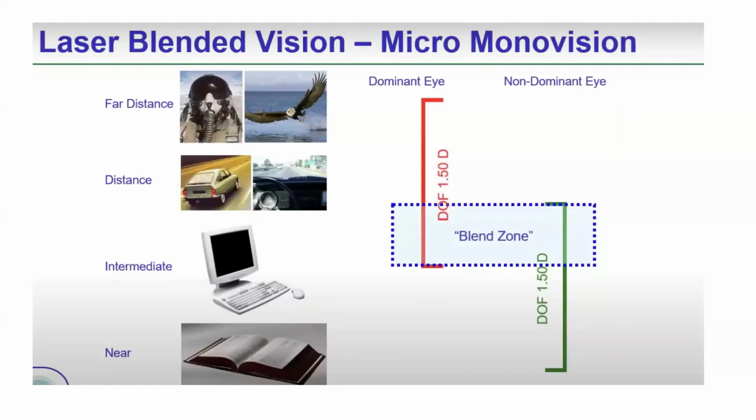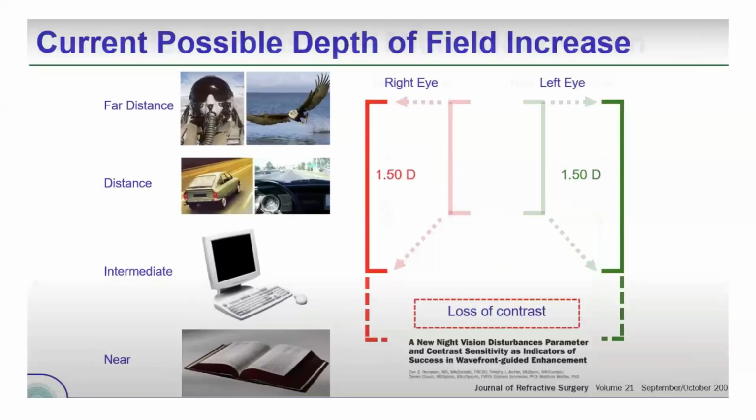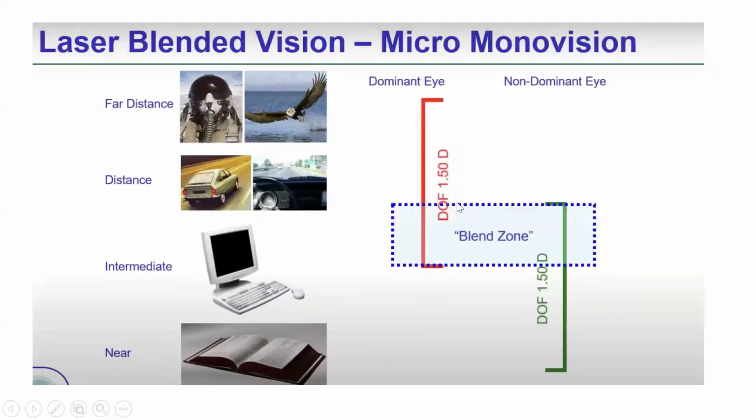Ma'am, I'll quickly tell you about PresbyLASIK Beyond. There isn't actually much to tell. The main thing about PresbyLASIK Beyond is that beyond 1.5 diopters, if we create anisometropia to adjust for intermediate and near vision, we are going to have severe loss of contrast. So in the dominant eye, we correct to plano, in which the patient gets good intermediate and distance vision.